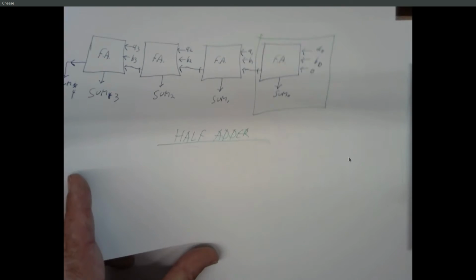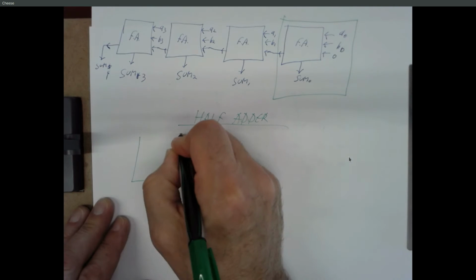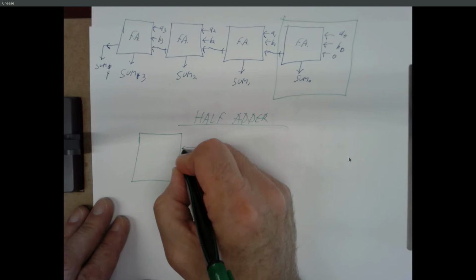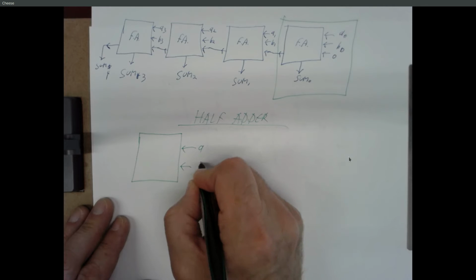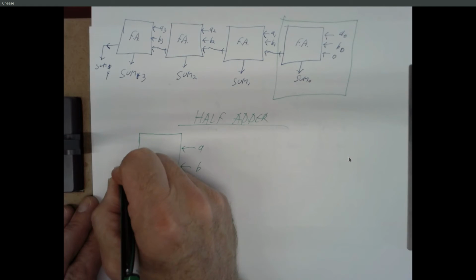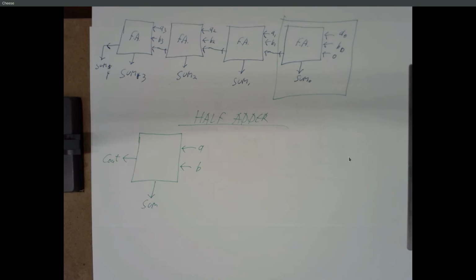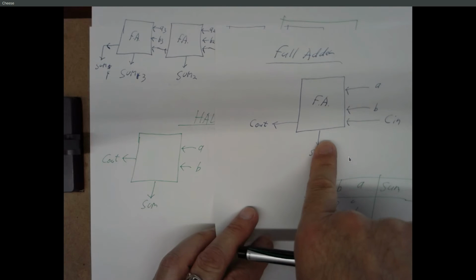And what's a half adder look like? It's that. Takes in 2 bits, A and B, generates a sum and a carry out. And that's a fair bit simpler circuit than the full adder.